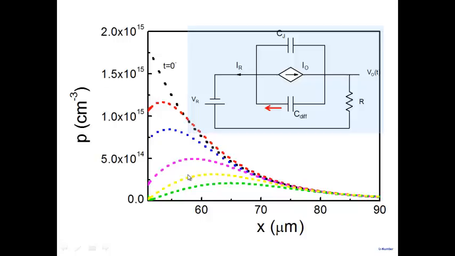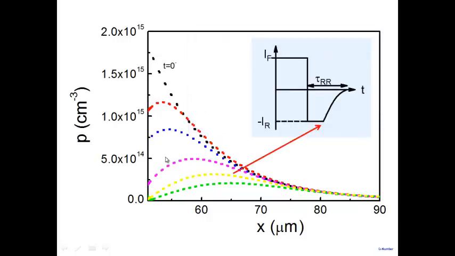And there are two distinct phases here. I'll not go into the details now. What you are seeing here is my hole density profile. It goes from here, here, here, and eventually it comes here. Now, when the hole density is going from here to here, what do you think is the change in the diode voltage? Diode voltage here is 0.7.